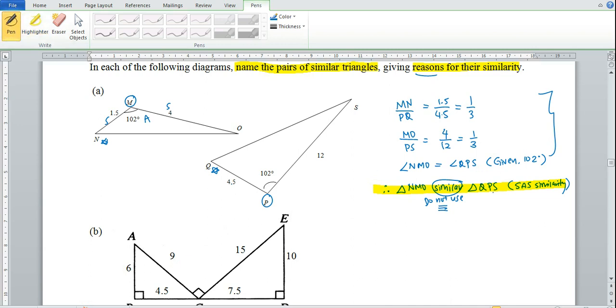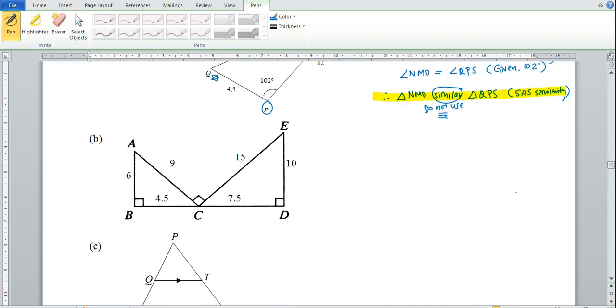Now let's look at the next question. For the next question, I seem to have a variety of information. I have all my sides given, so it seems that I can use SSS. But I also have an angle that is given, so I also can use SAS, right?